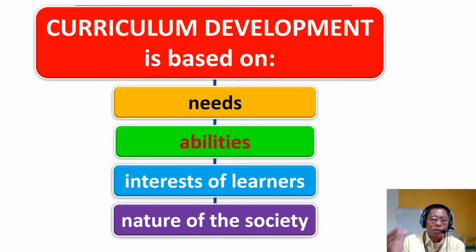They already know how to set up projectors. They already know how to use computers. They print files. Ganon. During our time, we did not have these things because these things were not yet in existence. During our time, hanggang Xerox lang kami. Iilan pa nga lang ang nagpapa-Xerox.